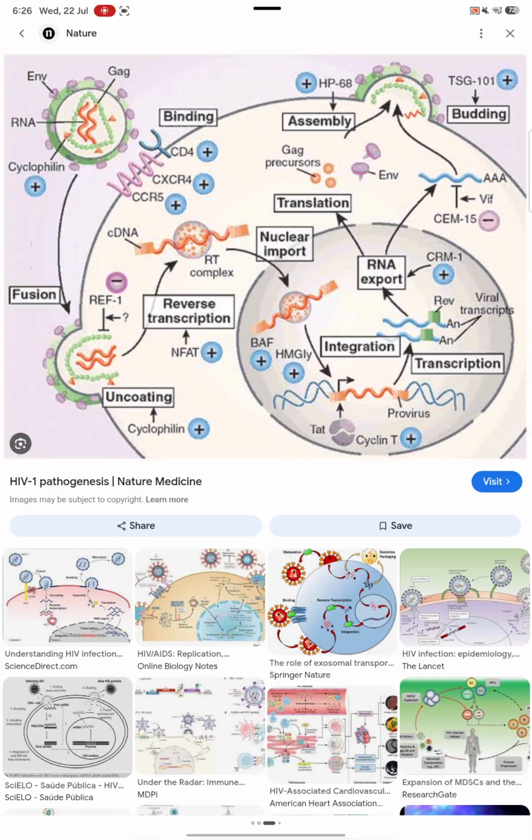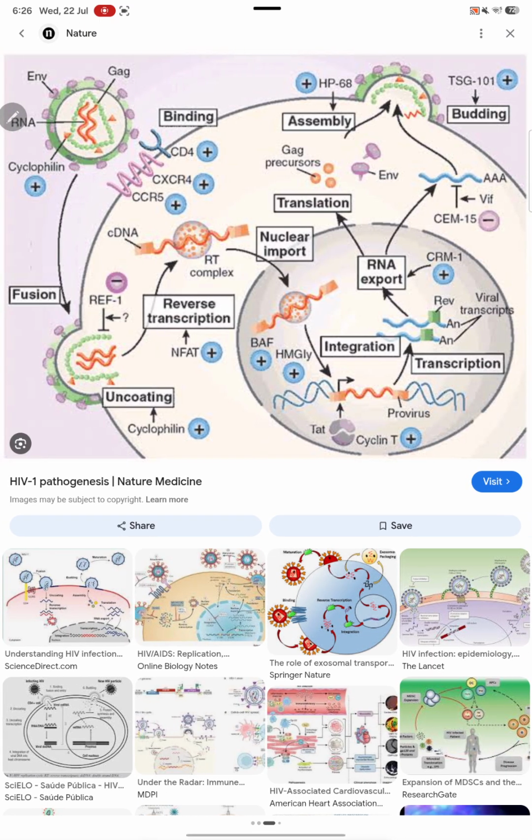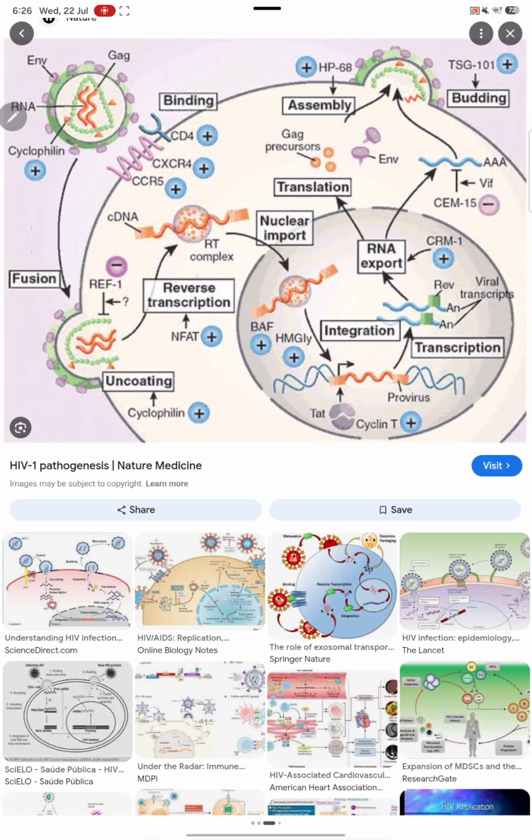So this is the pathogenesis of HIV. This is the HIV virus, which is attacking your CD4 cell. It is fusing with the CD4 cell, where it first gets uncoated, then reverse transcribed, and then the nuclear material is transported and transcribed.